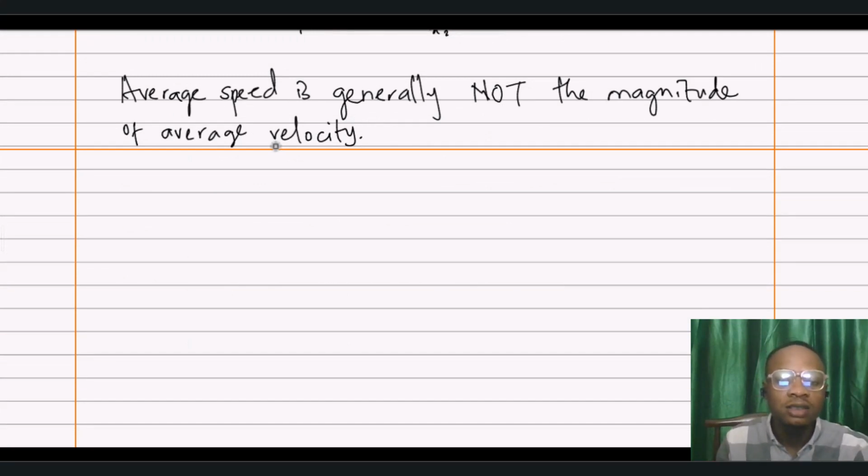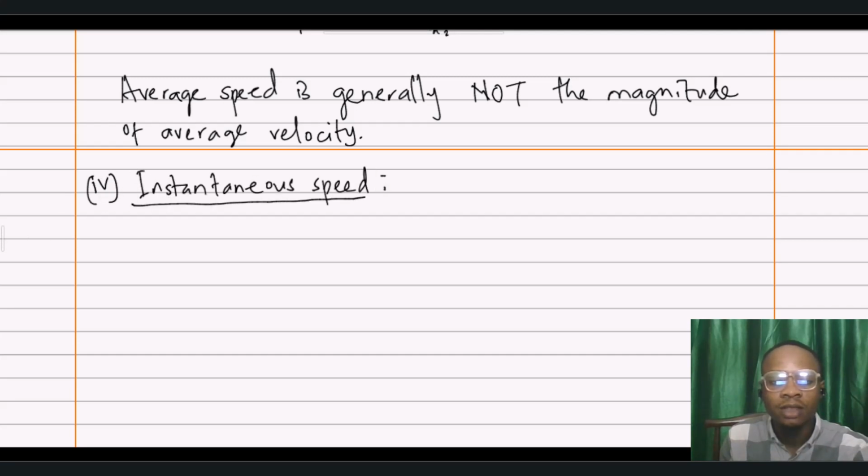What is meant by instantaneous speed? Instantaneous speed simply means the speed at an instant of time. Don't forget, we said that speed, whether instantaneous or average, is a scalar, and velocity, whether instantaneous or average, is a vector.